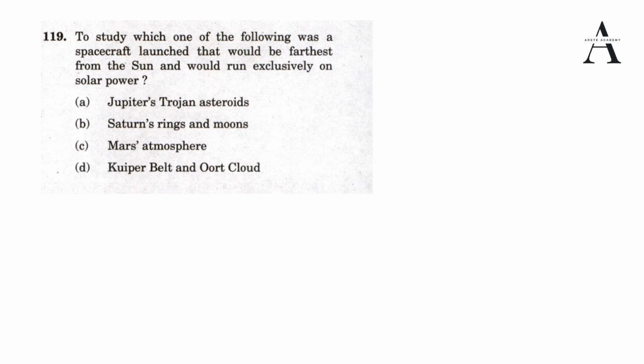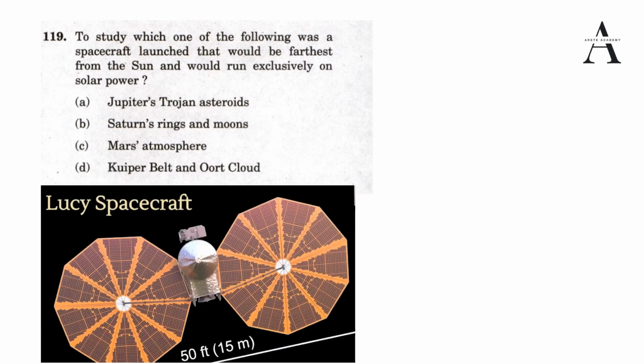The question was asking about a spacecraft launched that would go farthest from the Sun and would run exclusively on solar power. So basically it is talking about the Lucy spacecraft, launched by NASA. It was the first ever mission to explore distant asteroids and seek out the origin of our solar system.